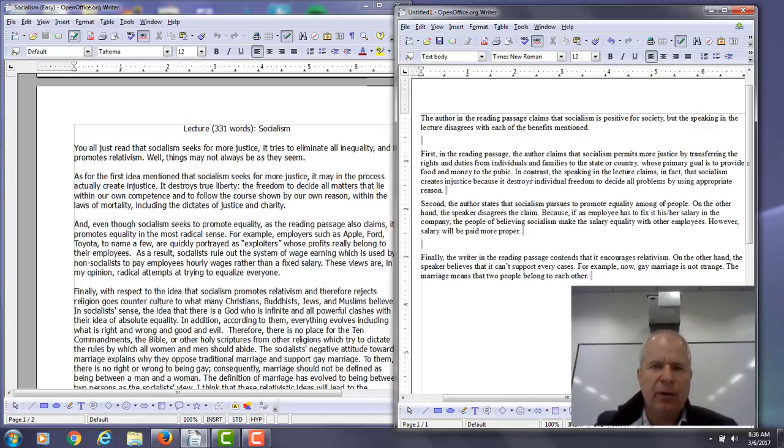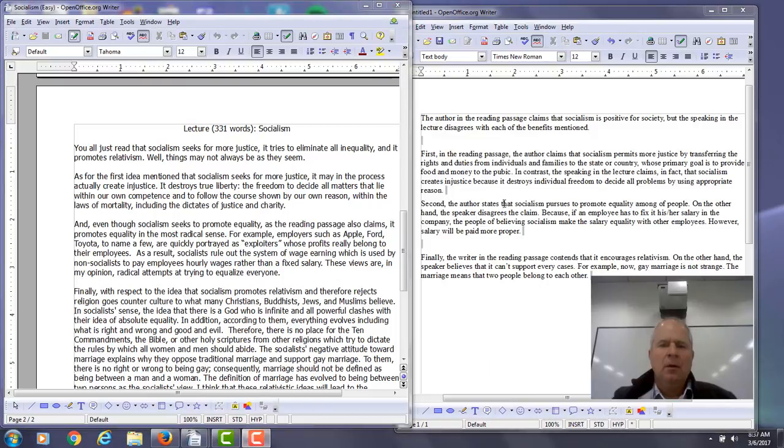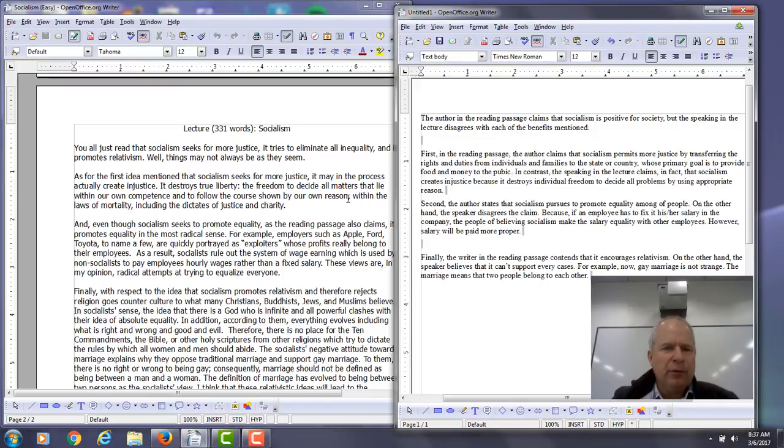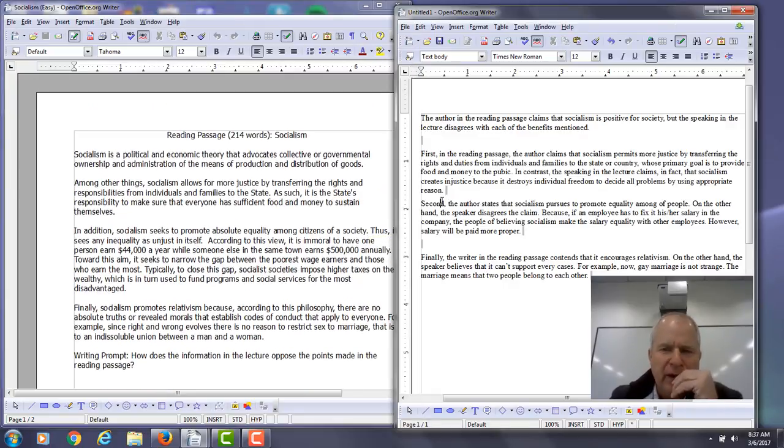Okay, let's go to the next one. You have second, the author states that socialism pursues to promote equality among all people.